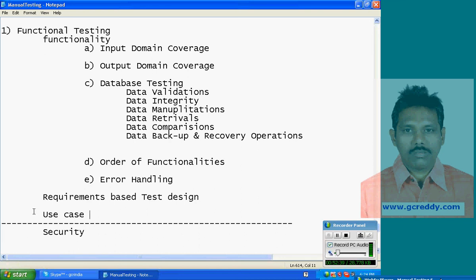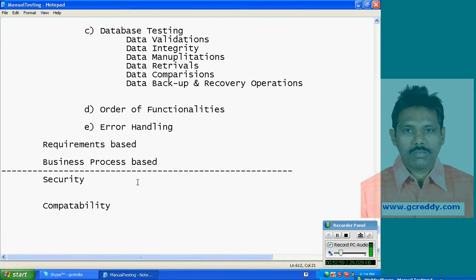Use case means you can say business process based. Just to remember, the remaining concepts we will discuss later.